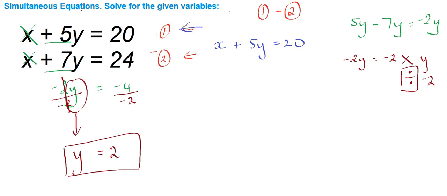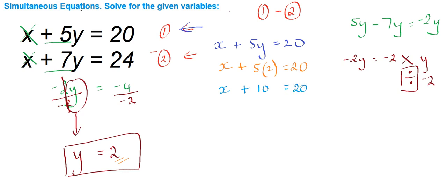Now I want to substitute the value of y because I know what it is. So x, that hasn't changed yet, plus 5 times 2, because I think I already know that y is 2, equals 20. Now I'll simplify to tidy it all up. I still haven't touched this x, plus 5 times 2. What's 5 times 2? That's 10, equals 20, and I haven't changed that side.